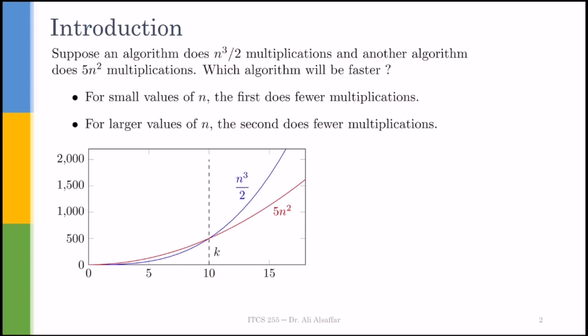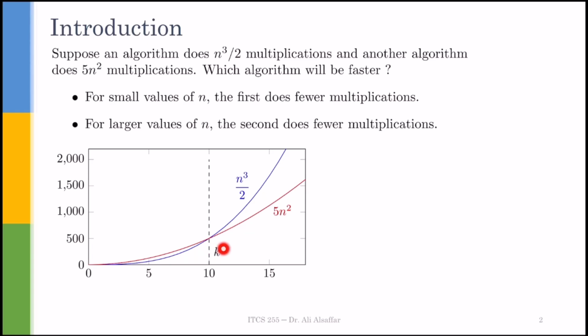Notice that for n less than k, the red color graph is on top of the blue color graph. So that means the running time for the blue color is smaller than the running time of the red color. If these two functions go on a race, the winner will be the blue color because it spends less time than the other one.